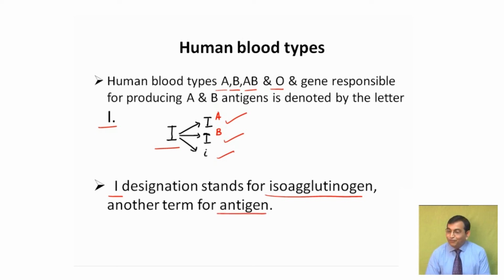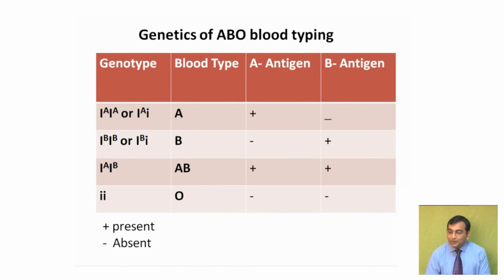Now, genetics of ABO blood typing. The A blood type, which produces only A antigen, is represented by the genotype IA IA or IA small i. On the other hand, the blood type B, which produces B antigen, is represented by the genotype IB IB or IB small i.